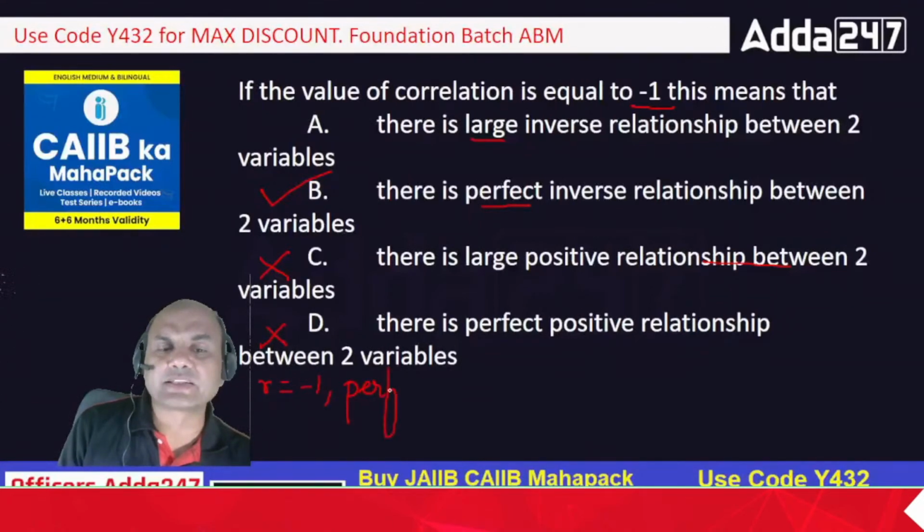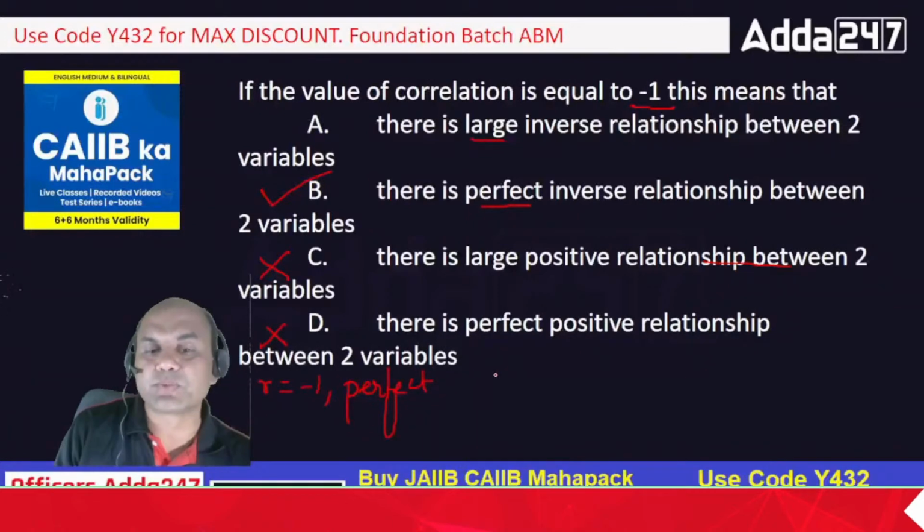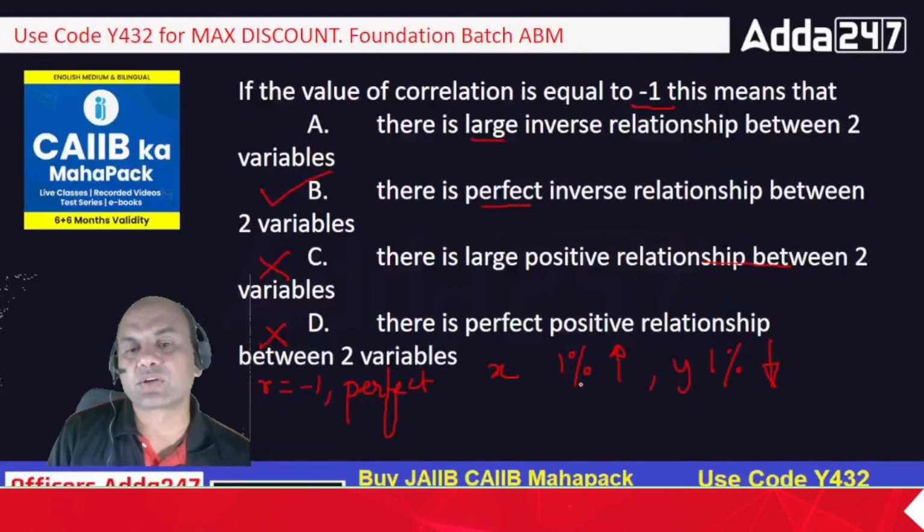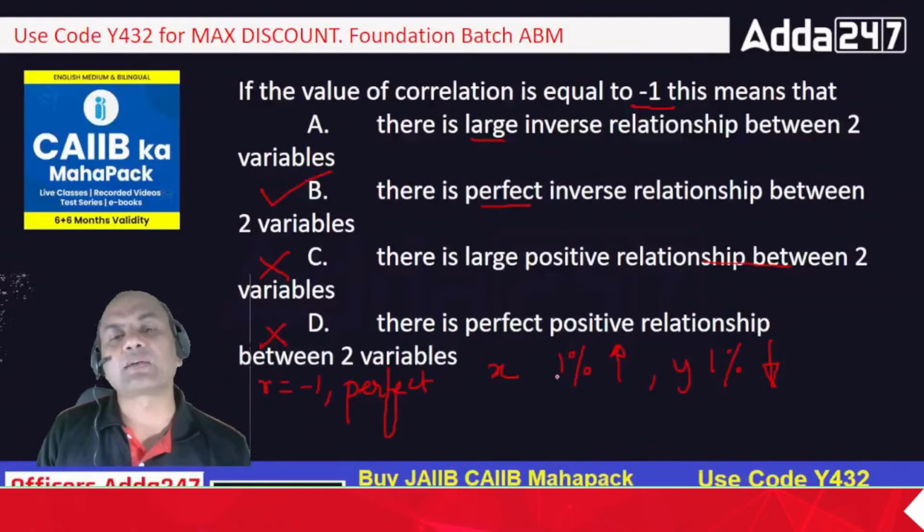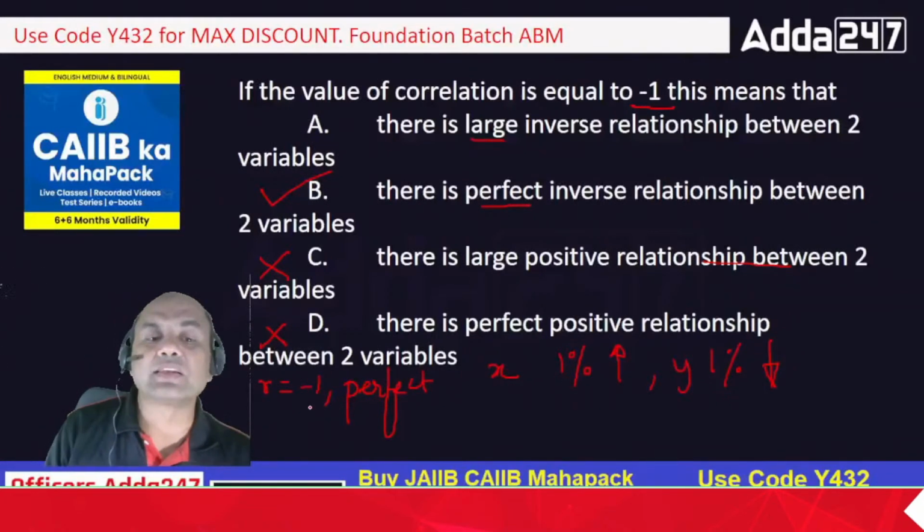Perfect means exactly if x moves by 1% up, then y will move by 1% down, and vice versa. This is meant by a perfect relationship. And what is large?